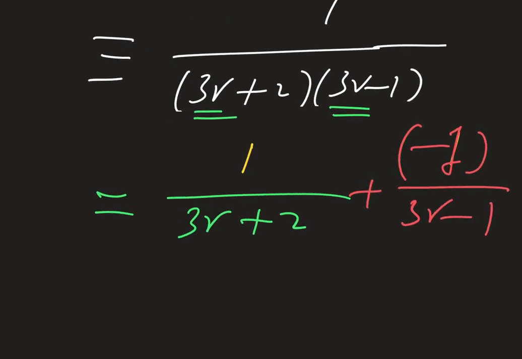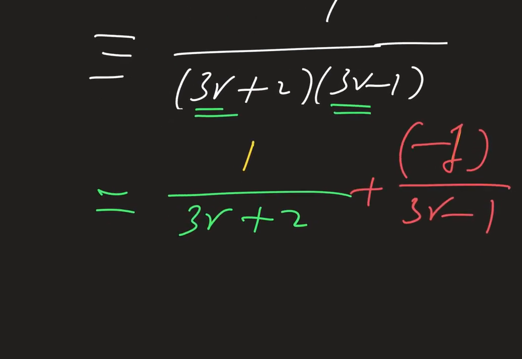Correct or not? So somehow you don't need to panic. Then, if let's say this is 1, this is minus 1, what do we have here in the denominator? 3r minus 1 minus 3r plus 2.